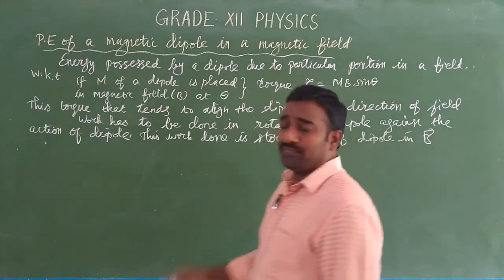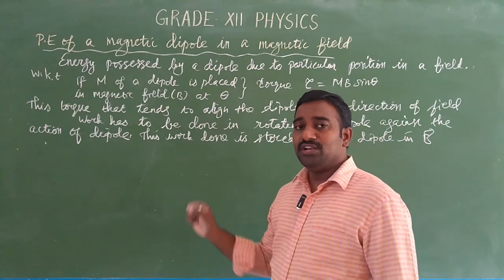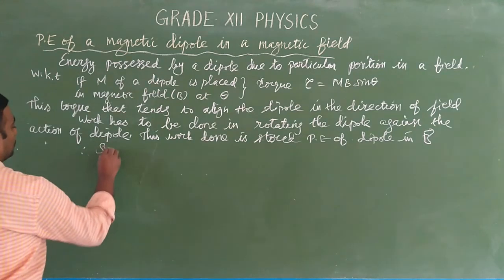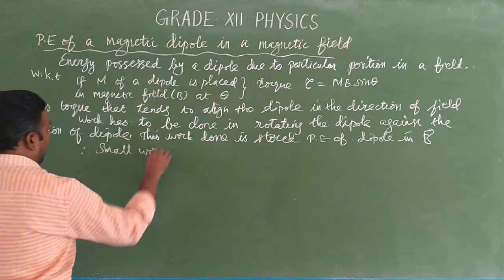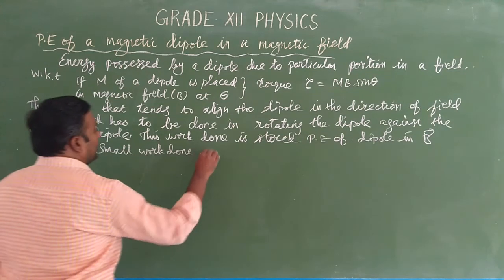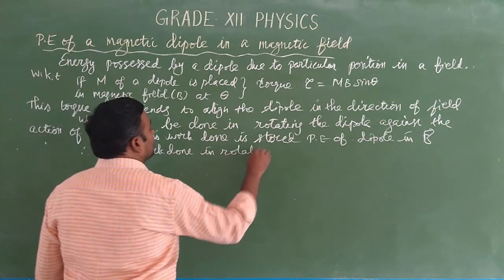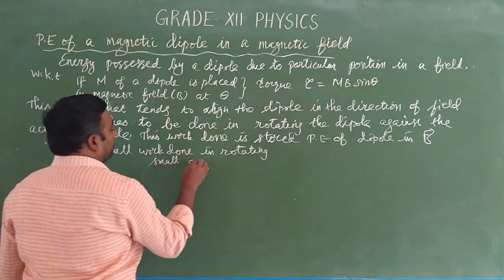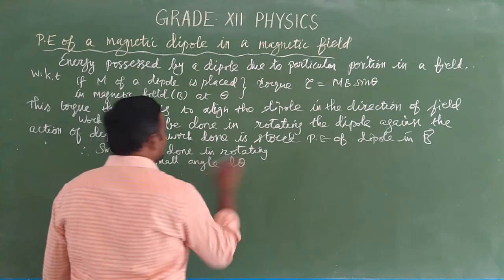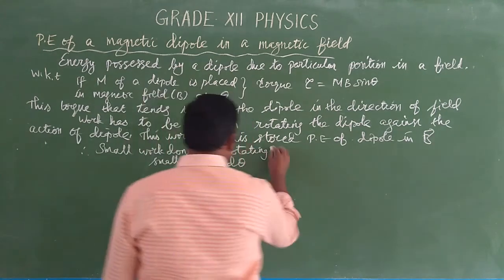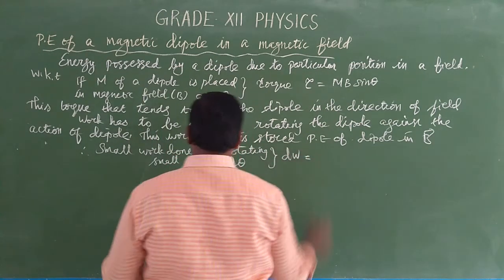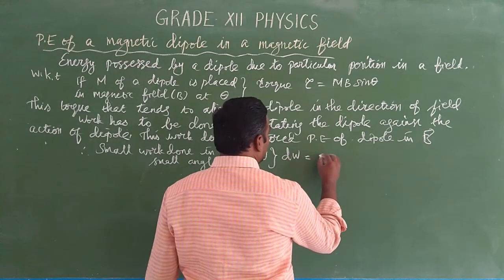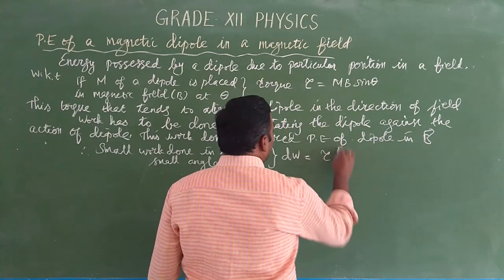We want to find the small work done in rotating through a small angle d theta. Then the work done is equal to tau into d theta.